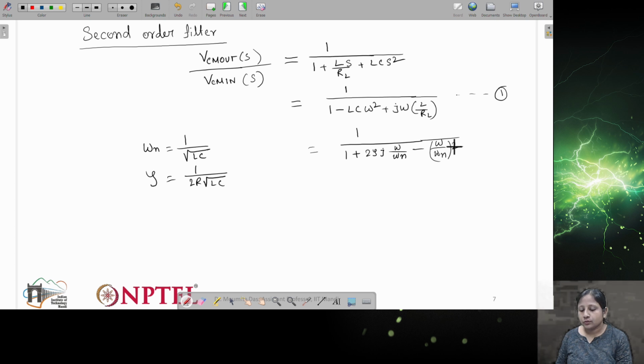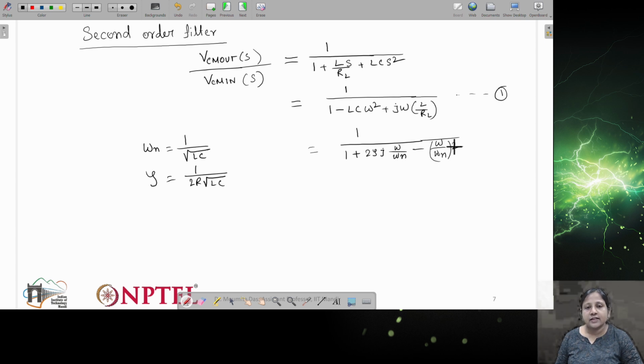Now we get zeta, omega n, and the transfer function. Then we can plot this to see the system response, to check the filter response in this case.